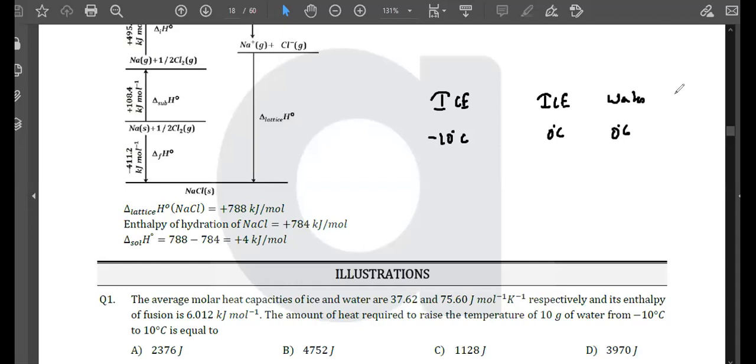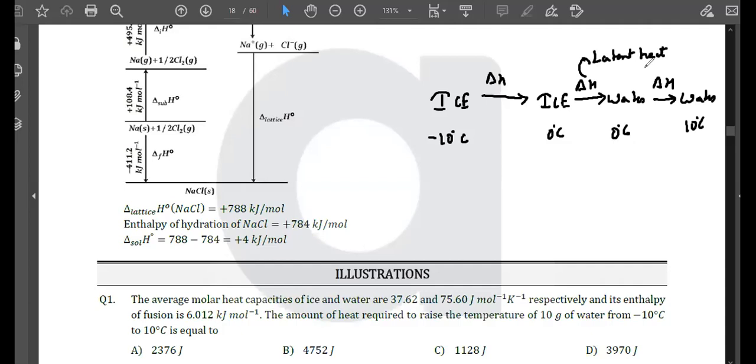Then this water will convert into water at 10 degree centigrade, right? This is your first change of energy, second change of energy, third change of energy. Now this is delta H, and this is your delta H, but this is due to latent heat. Latent heat of fusion. Okay, right, everyone?